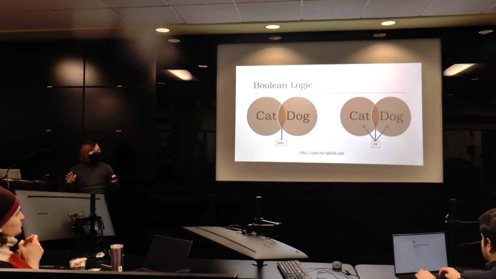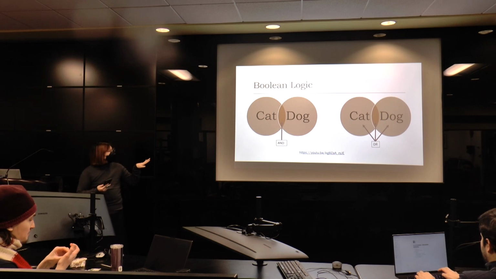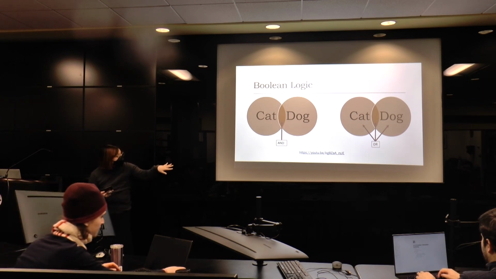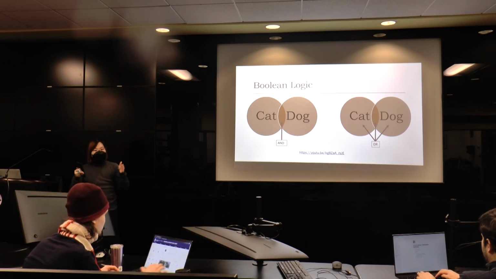Is everyone familiar with Boolean logic? That's a familiar concept. It's pretty straightforward. The AND operator will only search articles that have both the words cat and dog, which narrows down your search.